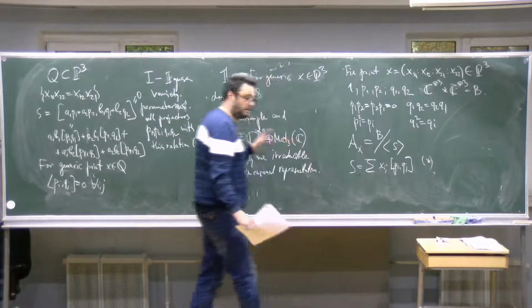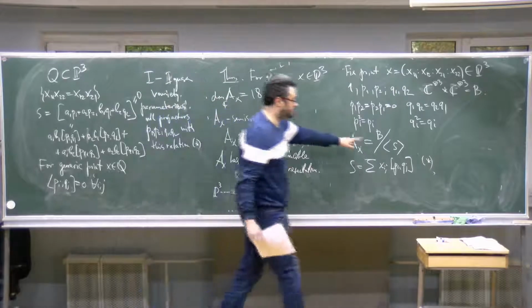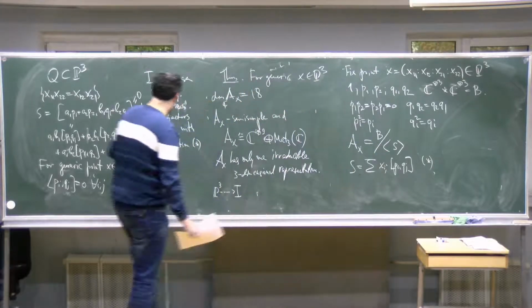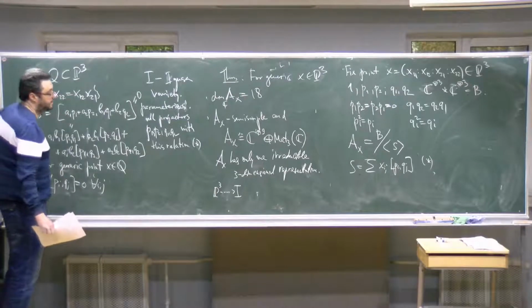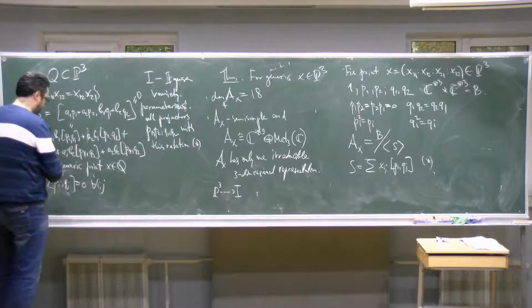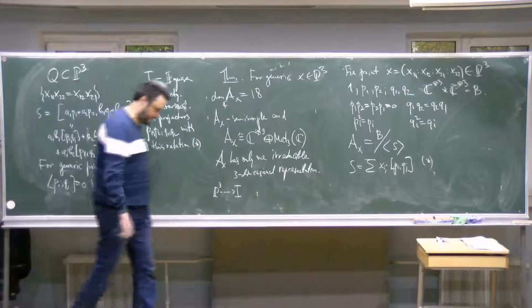If we consider the quotient by this relation, we get that Pi and Qj commute in this quotient. Okay, yes, I'm sorry.